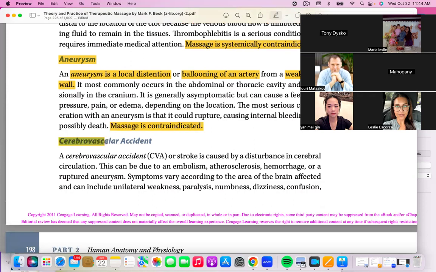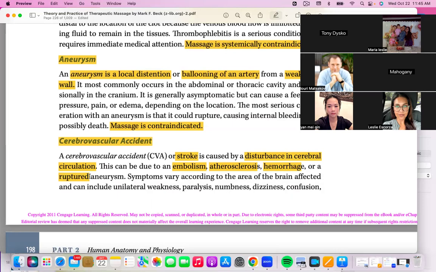Cerebrovascular accident, CVA, which is a stroke. So the stroke happens from disturbances in the cerebral circulation, which is the fluid. And that could be from a blockage that happens from an aneurysm, or from hardening of the arteries, or from bleeding, or from a rupture, which causes bleeding, okay?